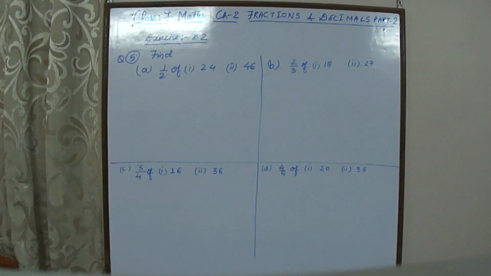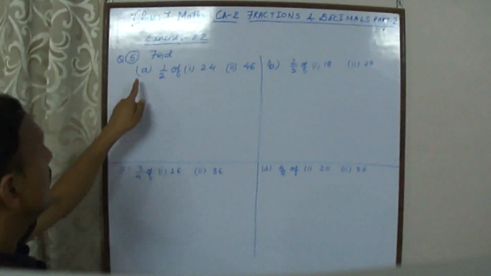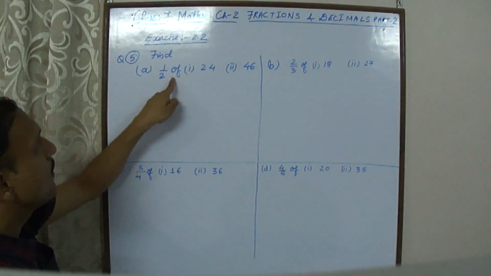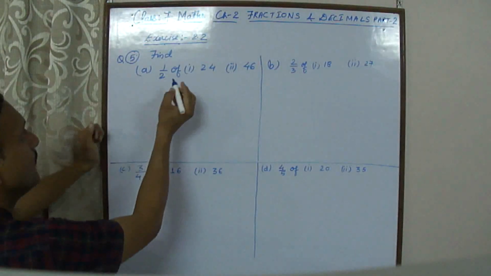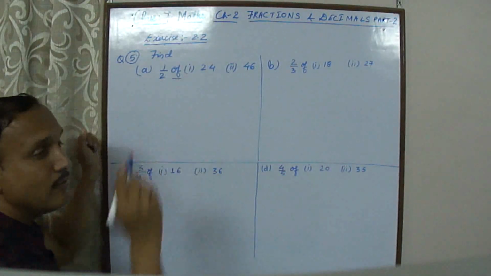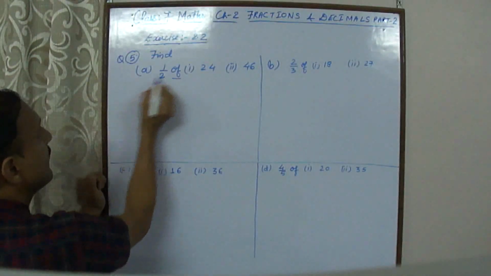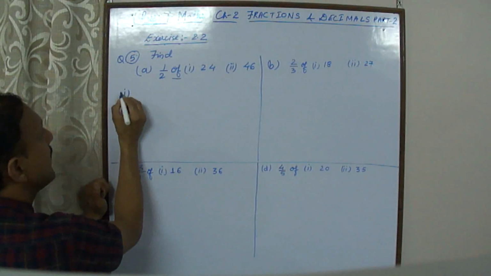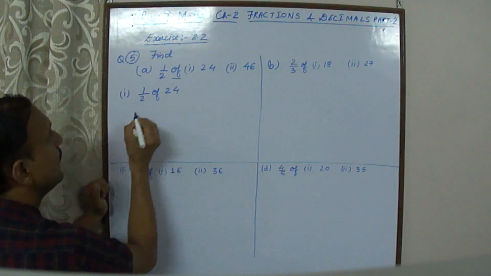Now let's do question number 5, exercise 2.2. First one, half of first 24, second 46. So let's find out. We know what "of" means: of means multiplication. So first part, let's begin. First part, half of 24.